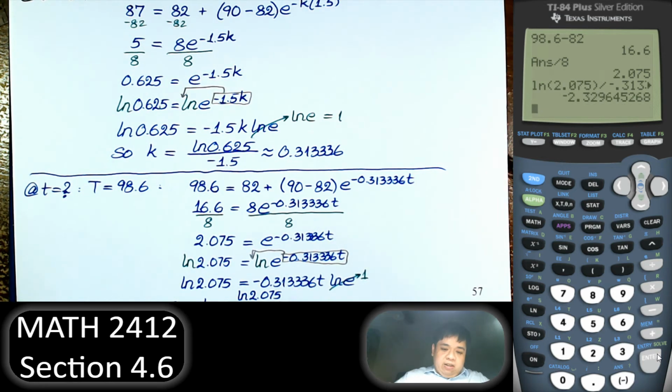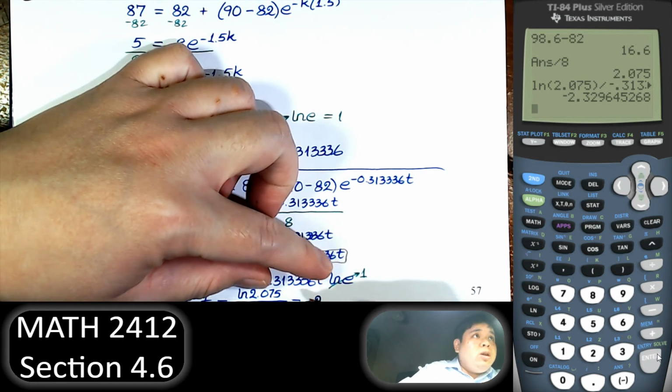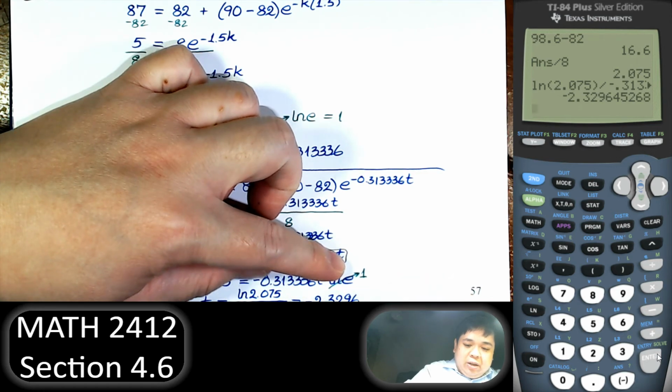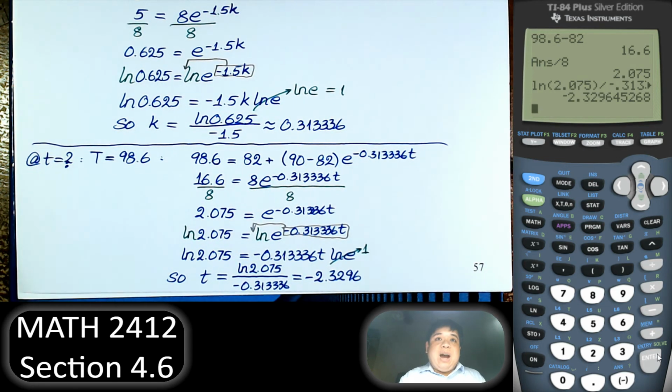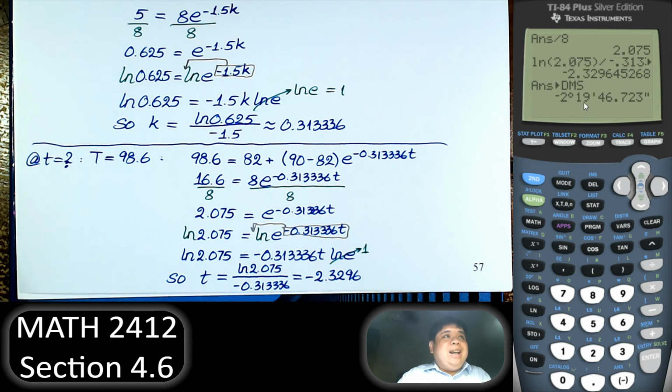We have negative 2.3296 something, and the unit is in hours. So if we want to convert this, click second, application, convert to degrees minutes seconds. So we have 2 hours, 19 minutes, and 46 seconds.